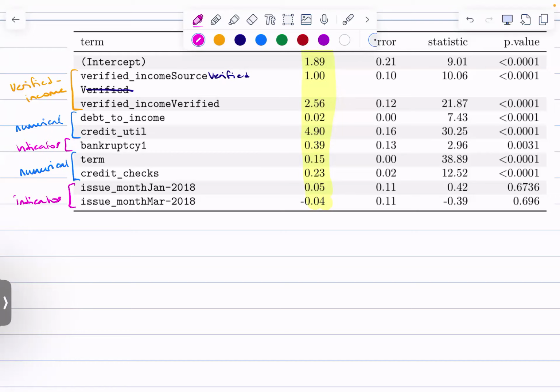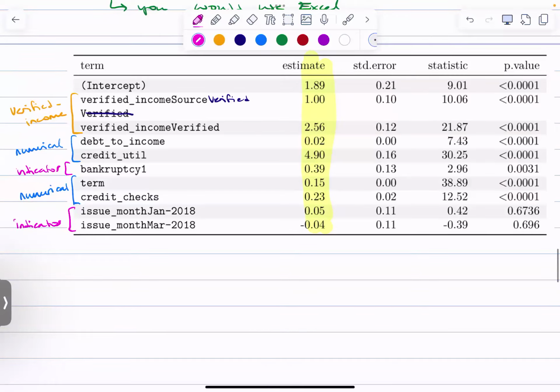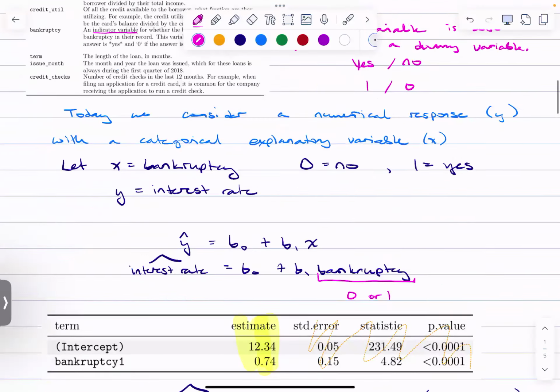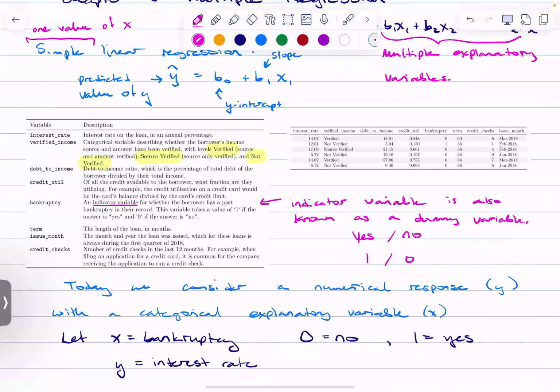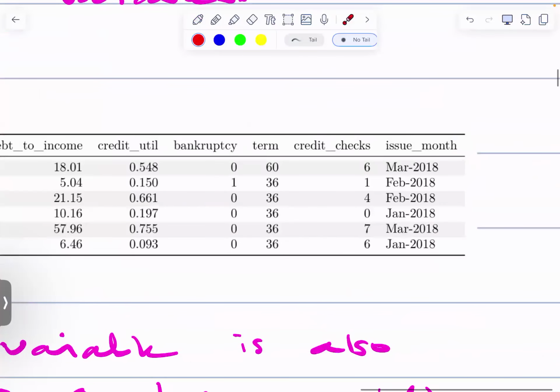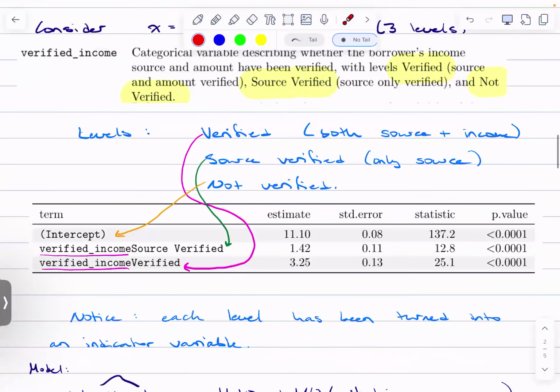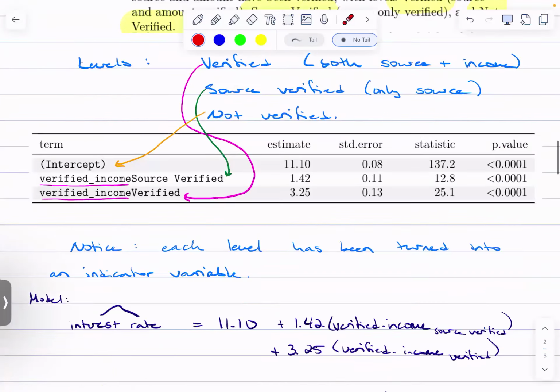I see January, I see March, but I'm missing February. Usually if I'm unsure, which I am right now, of what the levels were, maybe first quarter of 2018, then I can go poke into the data and see, okay, yeah, January, February, March confirms that those are in the first quarter. Confusingly, the quarters of the year have 3 months, which always throws people off. It doesn't, but it does in a weird way.